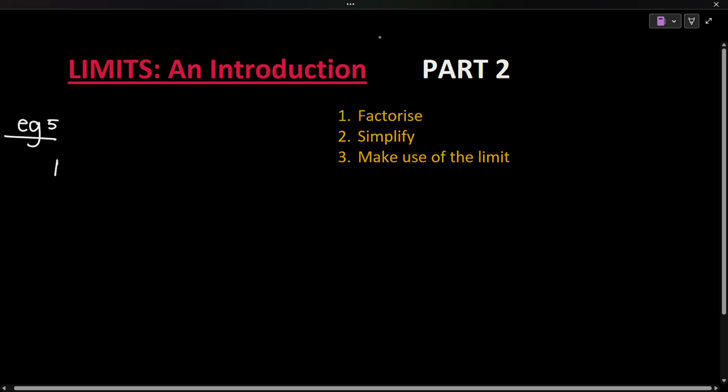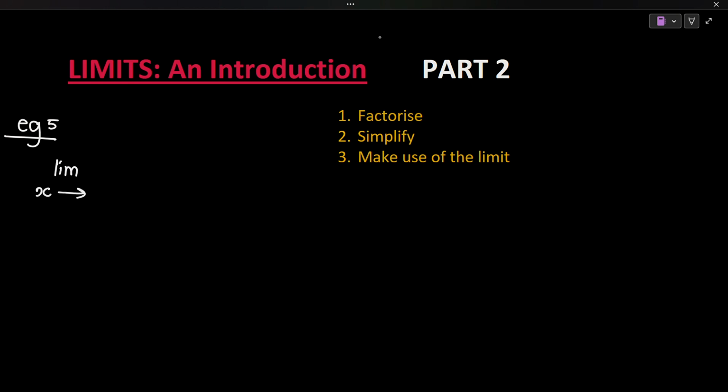So for example 5, we have the limit as x approaches negative 1, and the function is x to the power 4 minus 1 all over x plus 1.